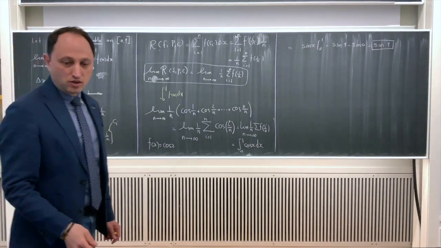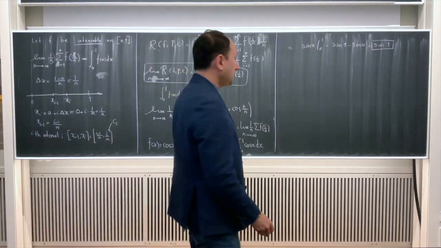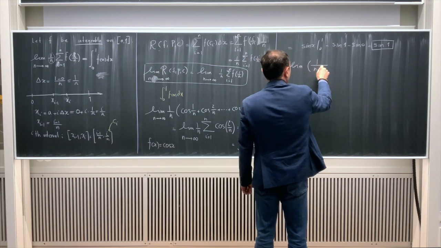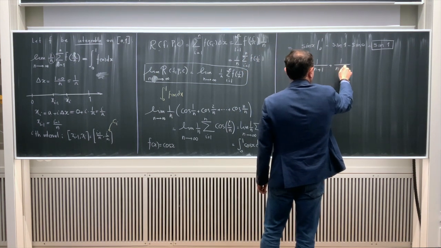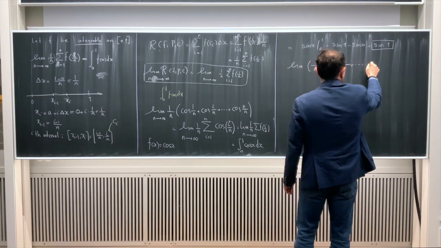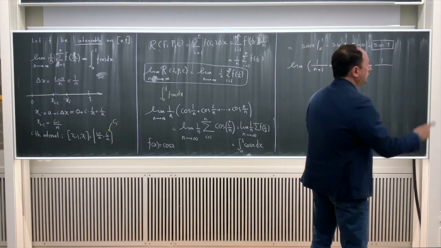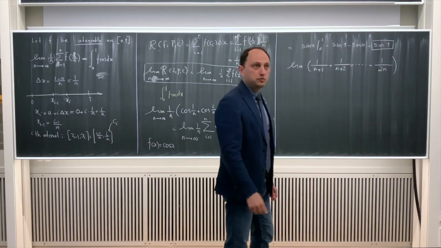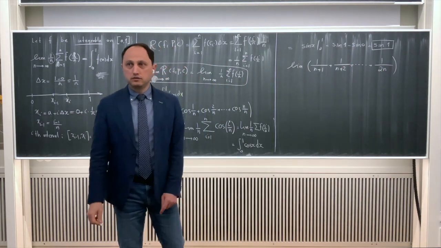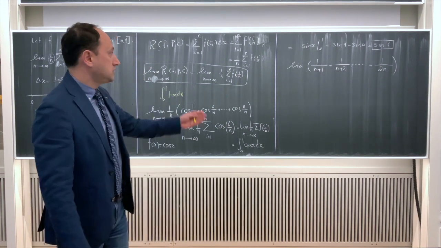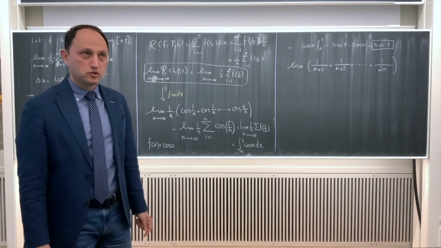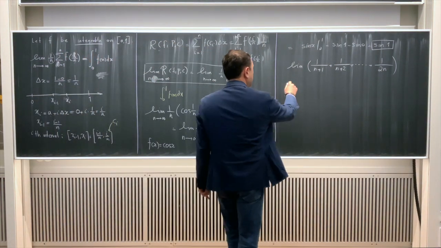Let me immediately solve the next problem for you. The limit of 1 over n plus 1, plus 1 over n plus 2, and then you continue until 1 over, I have written, 2n. Do you understand why it should suddenly be 2n at the end? Do you see that if the pattern continues like that, the last term becomes 2n? Why?